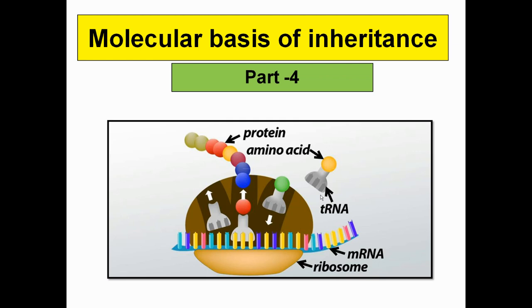This particular process of formation of a polypeptide chain from messenger RNA is referred to as translation. So the whole video will be devoted to the single topic, that is translation.